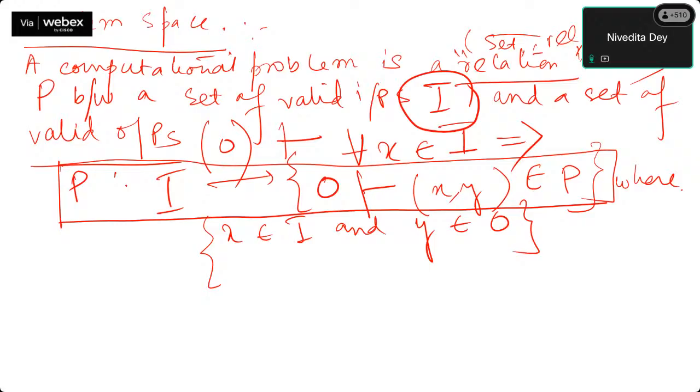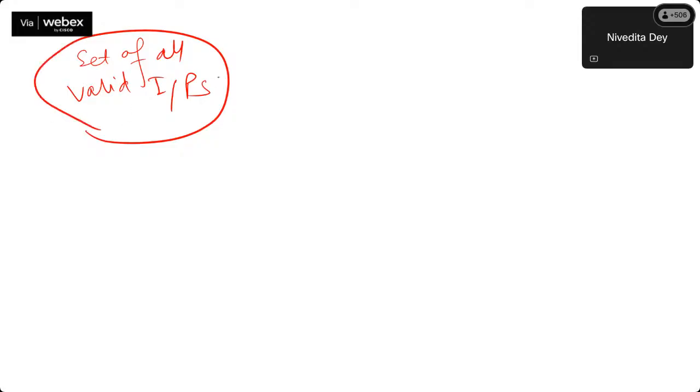Now, the set of all valid inputs, I have told that it will be mapped to outputs. So this is your problem space.